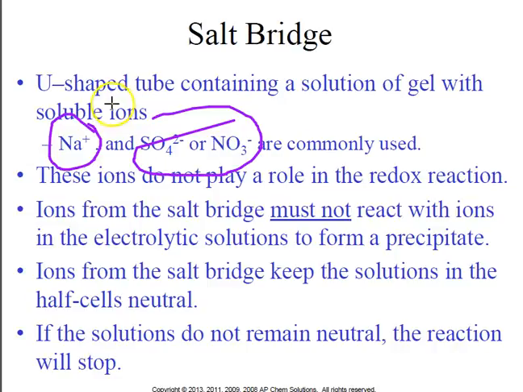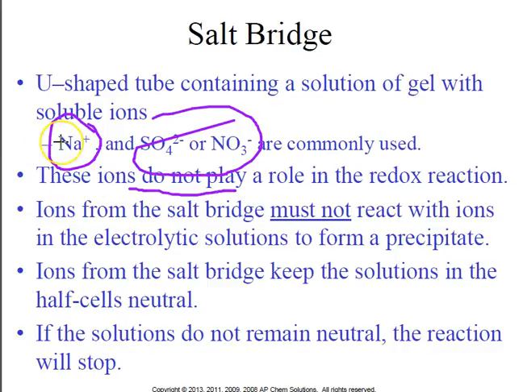It's called a salt bridge because a salt is an ionic compound, so it has cations and anions. You've got to have both. The ions do not react. If you have ions that are reacting on either side, you have a problem. You picked the wrong salt bridge. So if you see some reaction occurring on one side or the other of your galvanic cell, then we've got the wrong ions.